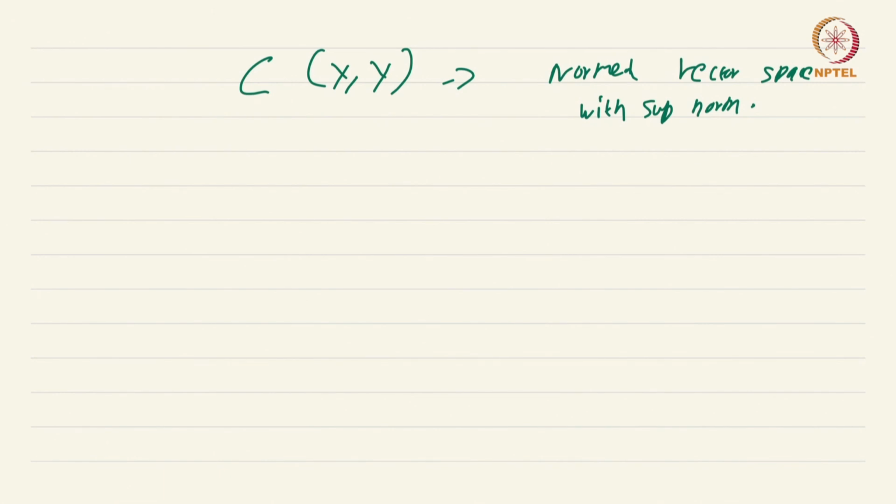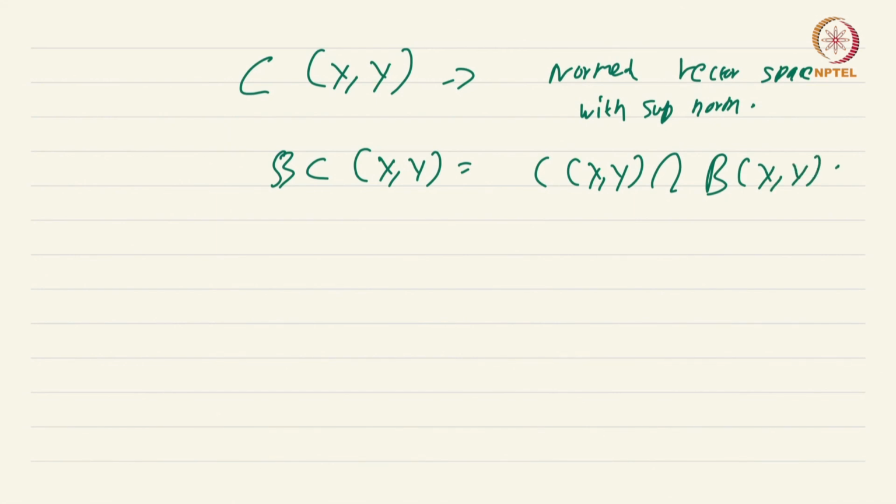However, if X is just a general metric space, there is no reason to believe that a continuous function is going to be bounded. So because of that, we have to consider BC(X,Y). Again, BC(X,Y). This is just C(X,Y) intersect B(X,Y).